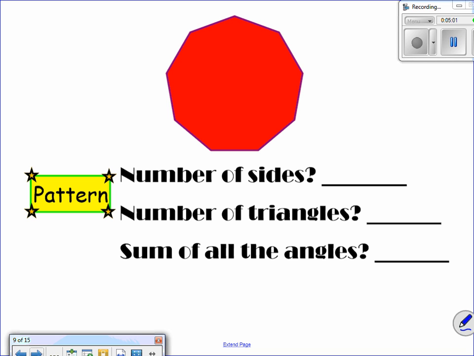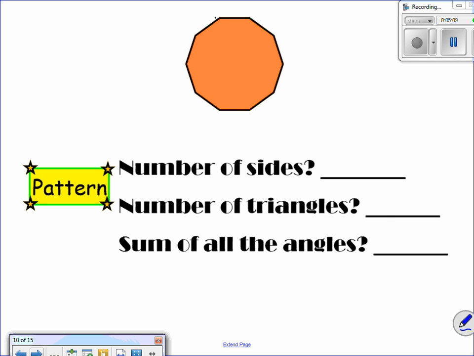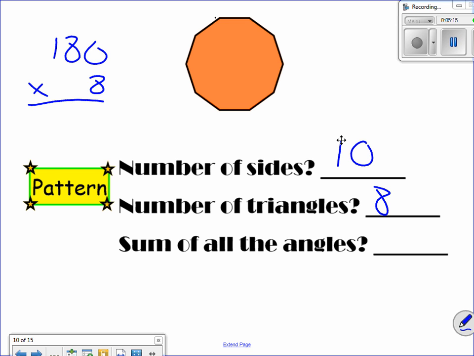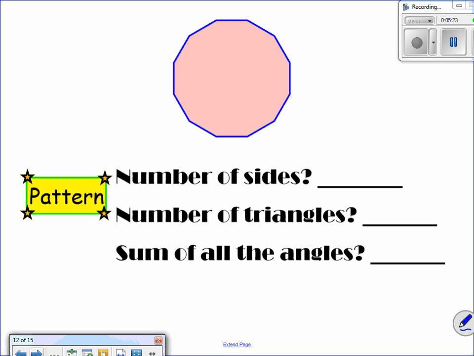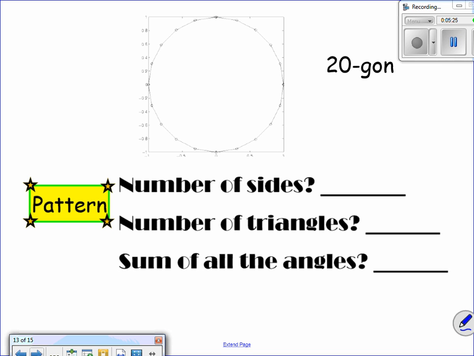Nine-sided shape, 9 sides, 7 triangles, 180 times 7. Next one, 10-sided shape, 8 triangles, 180 times 8. 11-sided shape, you understand how we're going with this? It'll be 11, then it'll be 9 triangles. If I ask any tricky ones here at the end, let's keep going.